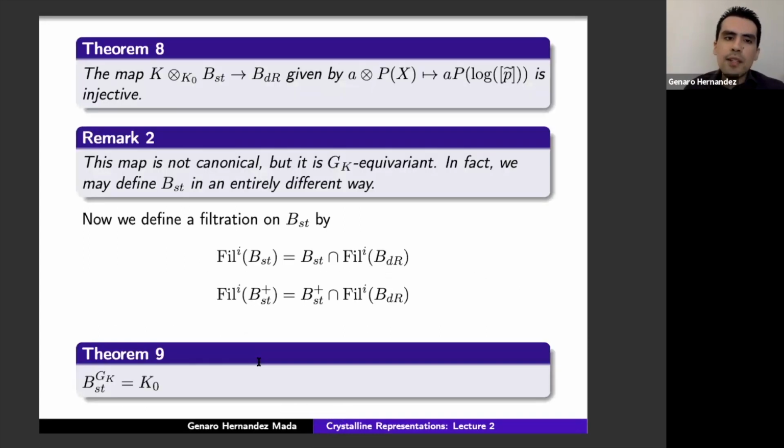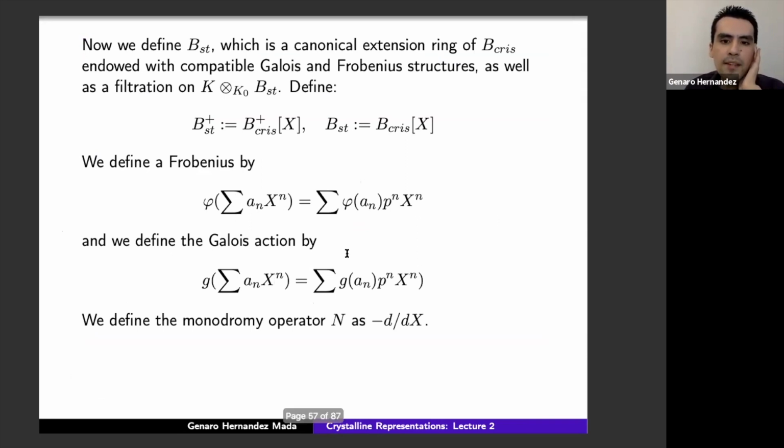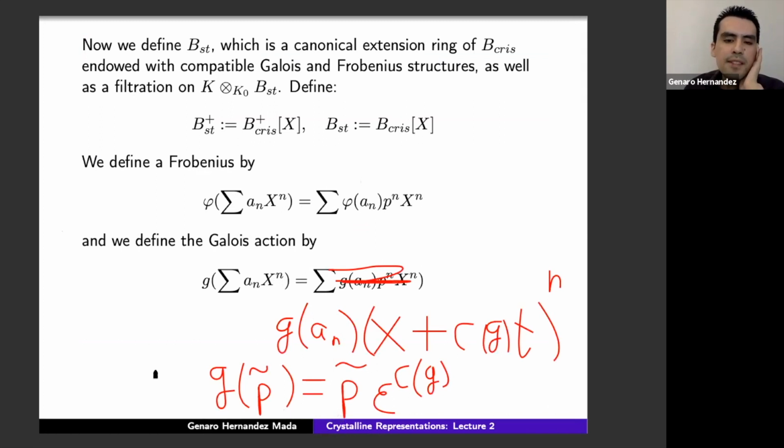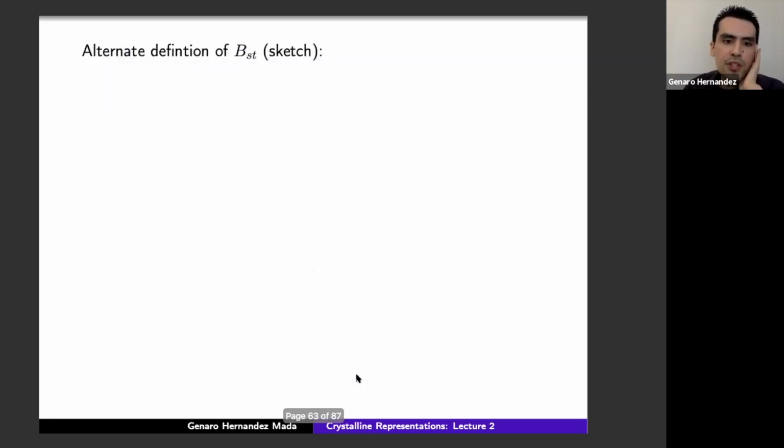I am using this definition to have the Frobenius and the Galois action defined in this way and this way, and the monodromy operator in this way. If we use the other definition, we would need to redefine those things in terms of this new definition.